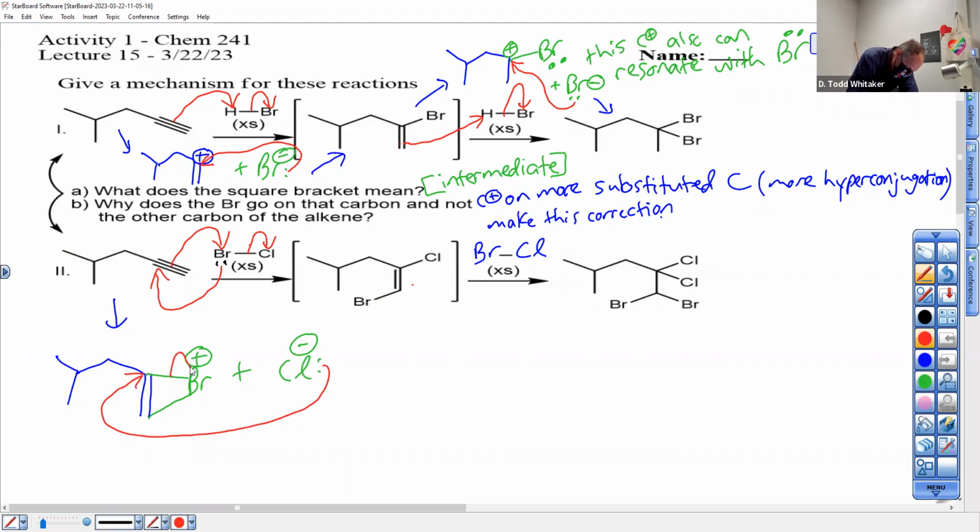Because that's the one that spends more time with a plus charge. And you get what's in the box. And you notice with an alkene, yeah, this would be an E-alkene because of the backside attack, right?